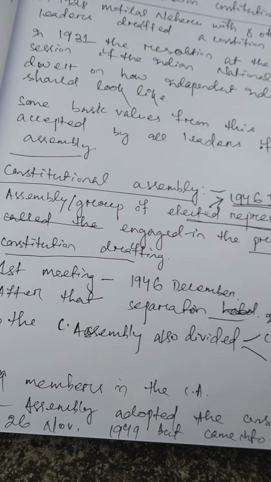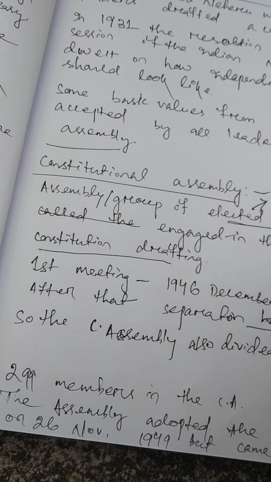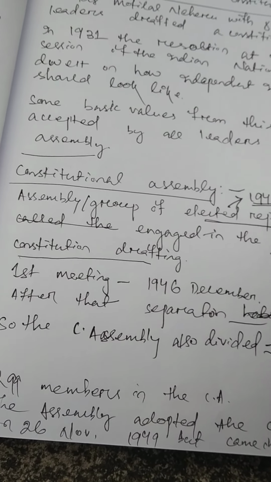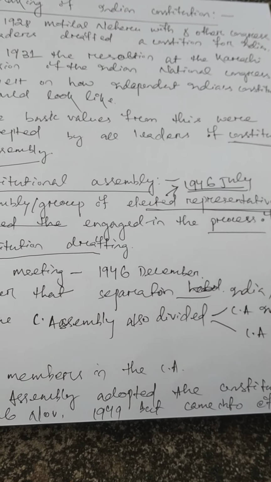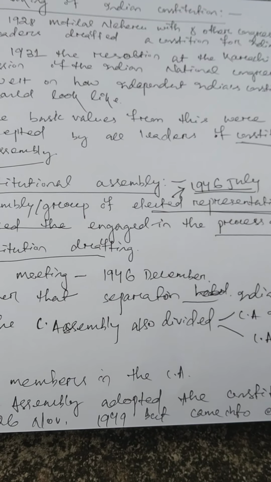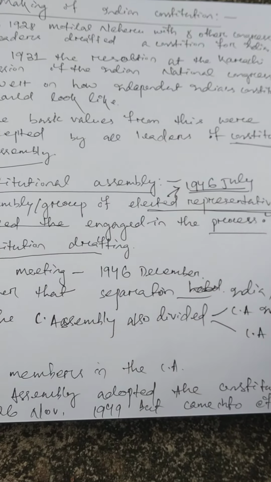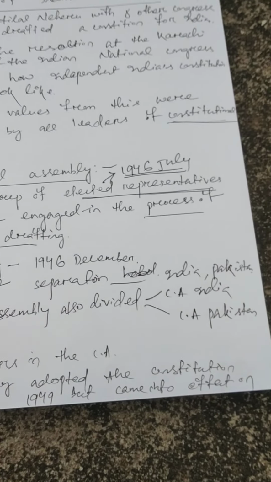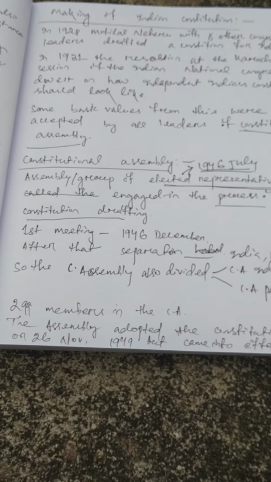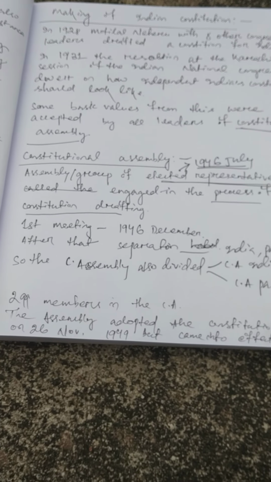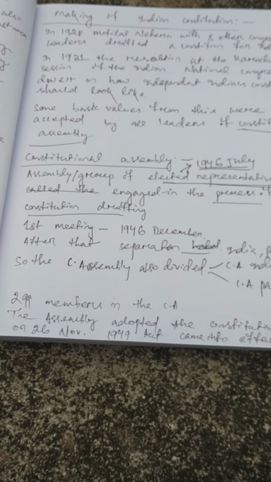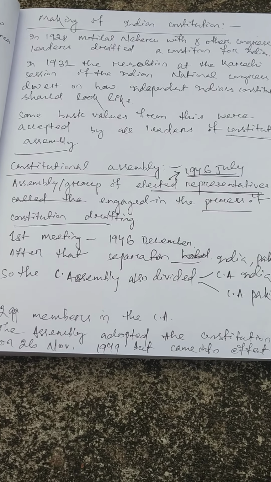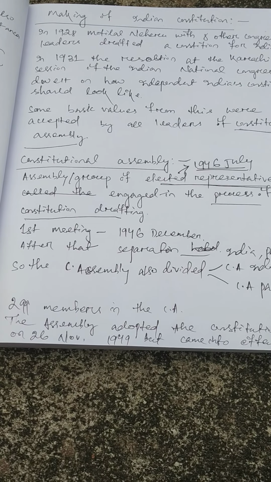It was formed in July 1946. These members were elected for the Constituent Assembly, and the drafting of the constitution was done by this Assembly. The first meeting was held in December 1946.